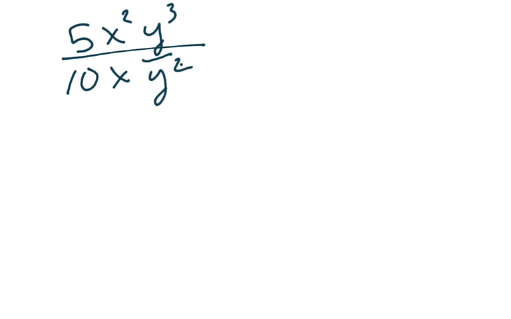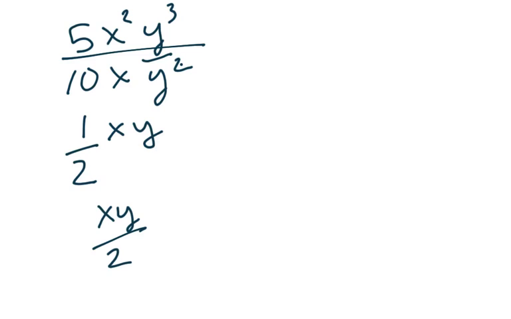And when I simplify this, I will get one half x y. I can rewrite this as xy divided by 2. All right, now we're going to go work that last problem. Take a moment and capture this if you haven't.